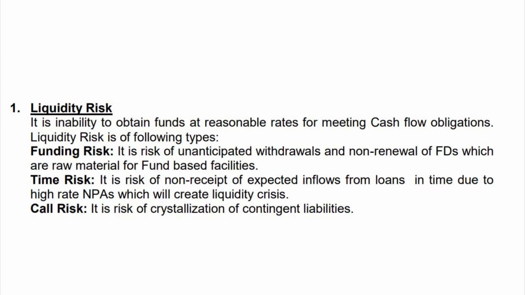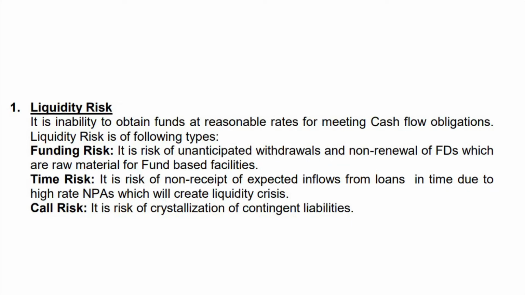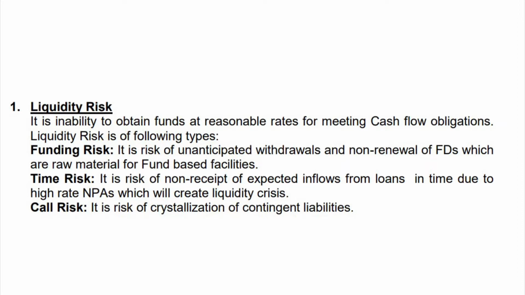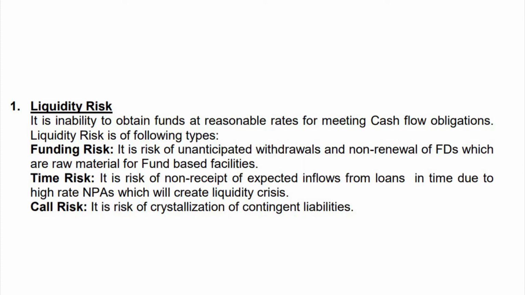Sometimes people may withdraw FDs in one shot. If there are any rumors about the reputation of a bank, people will go to the bank and all withdraw at a time. This is called unanticipated withdrawals. This funding risk will lead to liquidity risk.